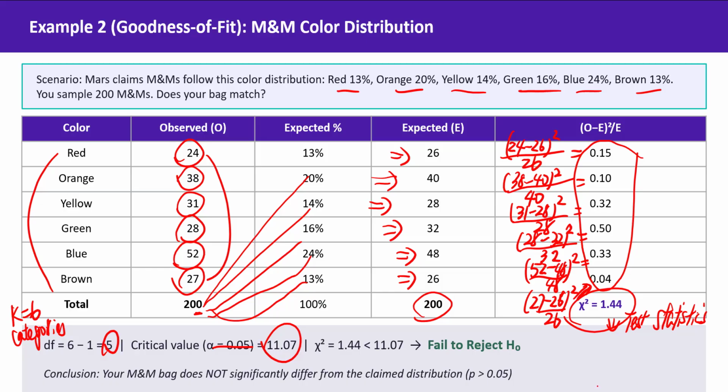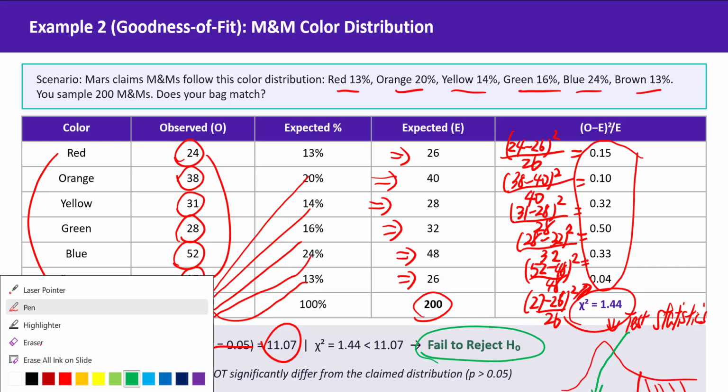So again, you draw the chi-square distribution, and the critical value is 11.07. And this is the rejection region. The test statistic falls in the non-rejection region, so we fail to reject H0. So the conclusion is fail to reject H0.